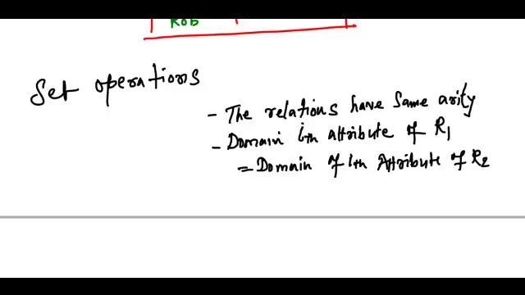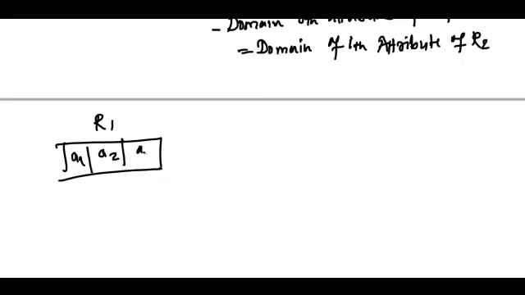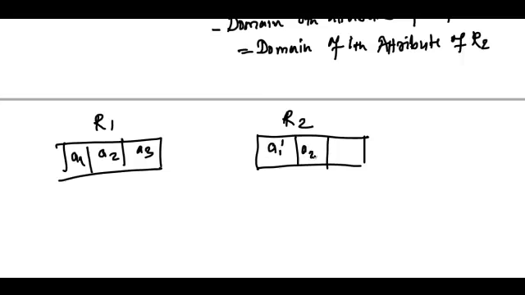Okay, so let's suppose we have two relations. We have R1, A1, A2, A3 and R2. Obviously the first condition was they should have same arity. So even here we have A1 dash, A2 dash and A3 dash.